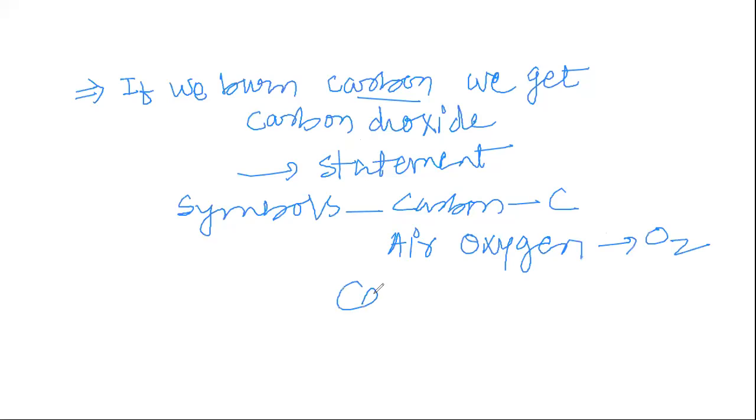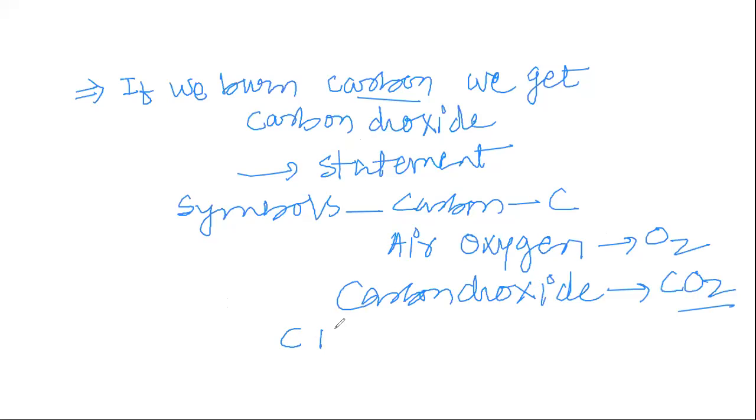And for carbon dioxide, we write CO2. So this is how we use these symbols, and then we write the chemical equation: C plus O2 gives CO2. So this is our chemical equation. This is what is known as the chemical equation.